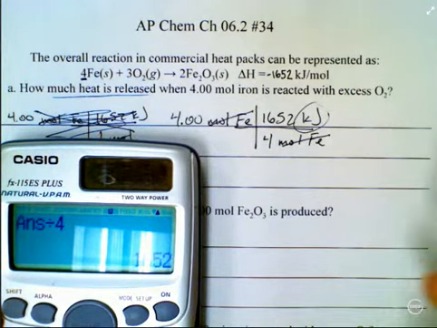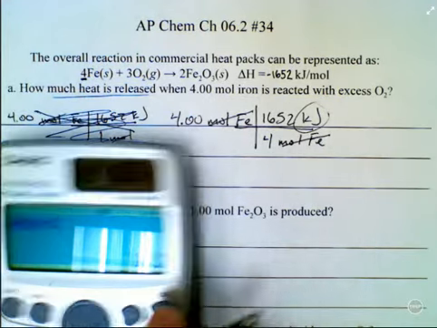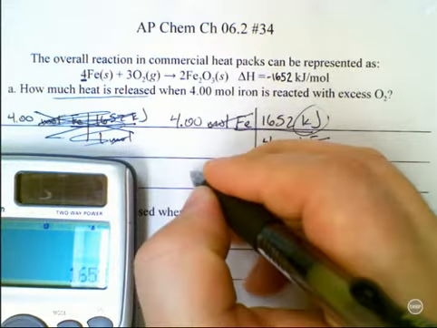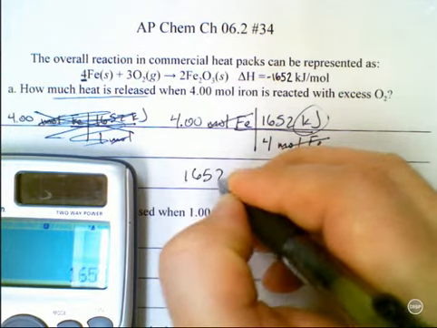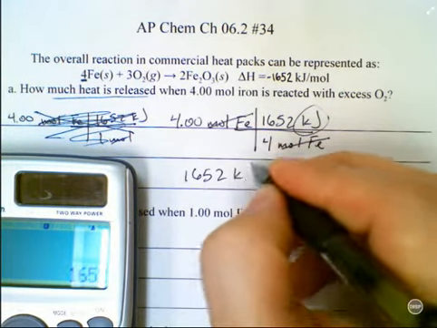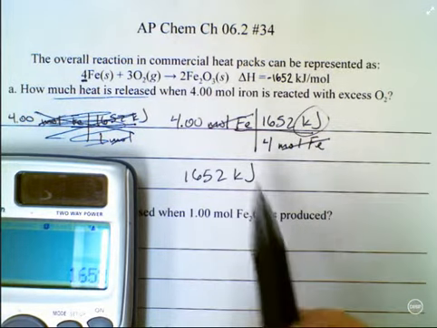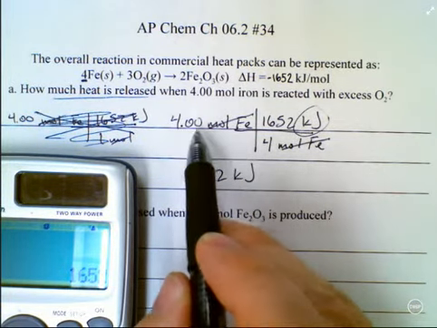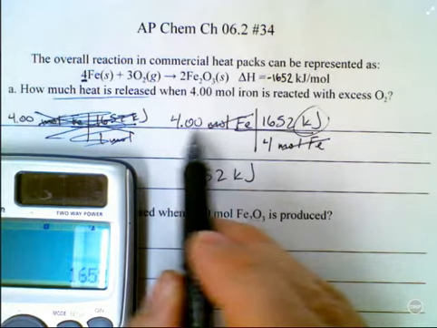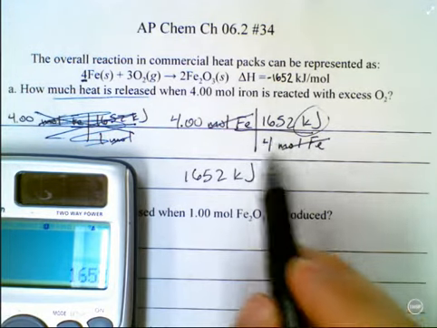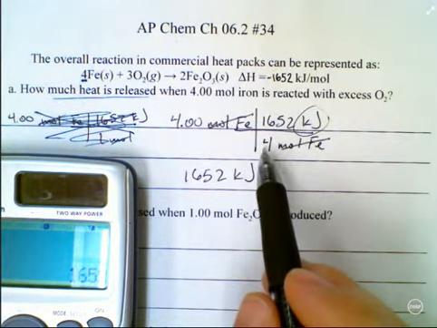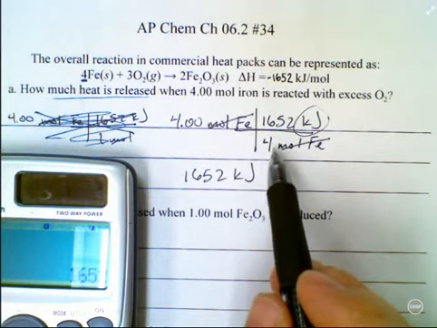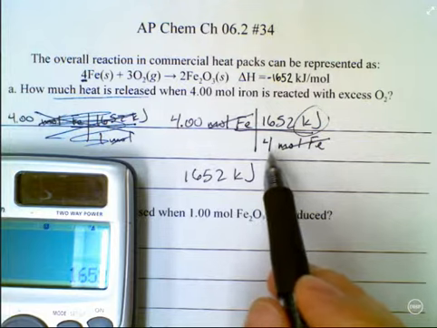You should have been able to see that just by looking at it. But we'll end up with 1652 kilojoules. However, I'd like to point out that I can only use 3 significant figures because of this value here. This value is said to have an infinite number of significant figures because it's an exact value, not only having 1 significant figure.